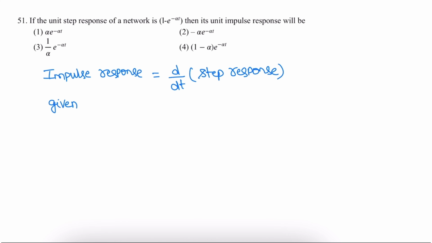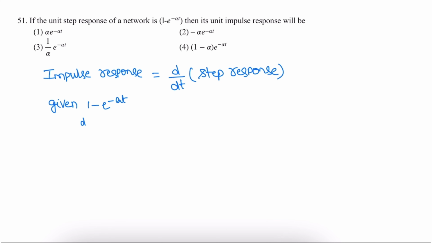Given unit step response of a network is 1 minus e power minus at, then unit impulse response will be. We know that impulse response is the derivative of step response. The given function is 1 minus e power minus at.